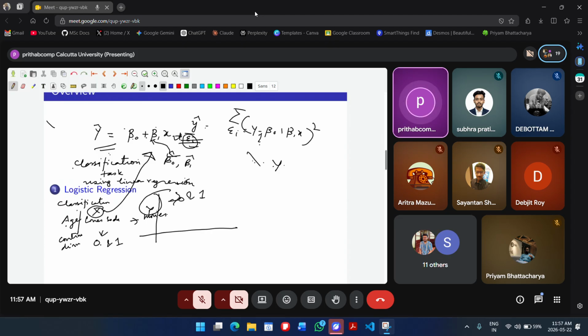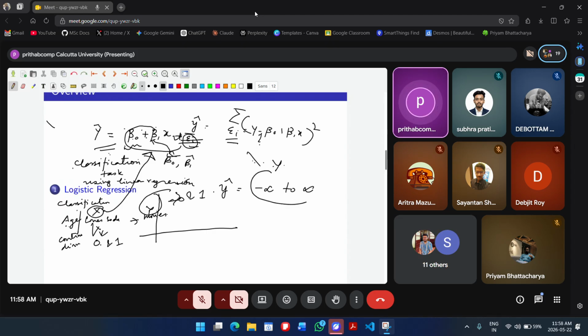The problem is that even if you code it properly and use this type of error minimization, whatever y you get, you may not restrict the range of y; it is minus infinity to plus infinity.